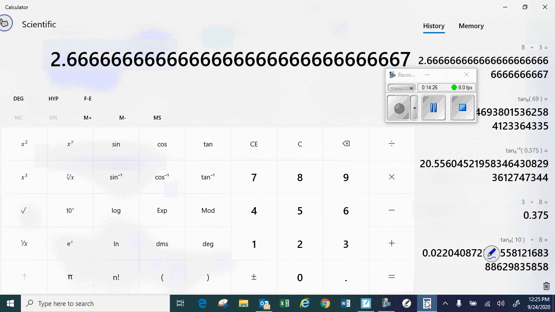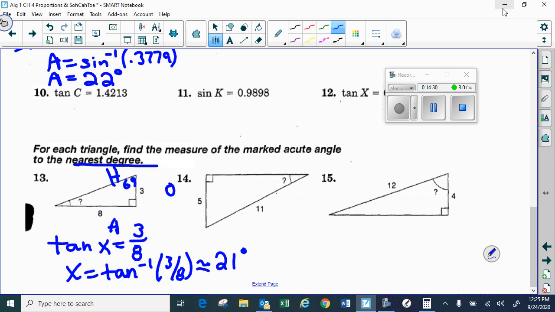It's close to 2.6, so we did an estimate. That shows that what I did made sense, because I then took the tangent of 69, which is going to be 8 divided by 3. Okay, so I mustn't have hit inverse tangent or something like that on the first one. I did 3/8. But that is the correct answer at 21 degrees. Okay, 15 minutes.